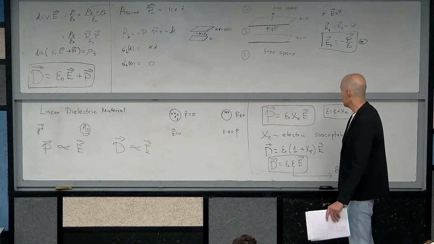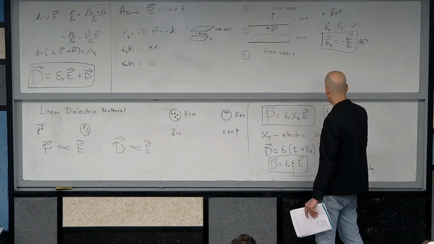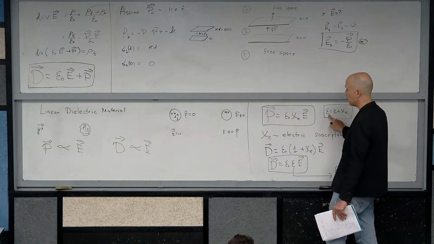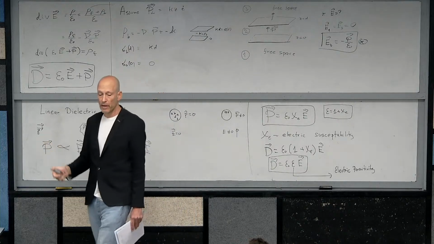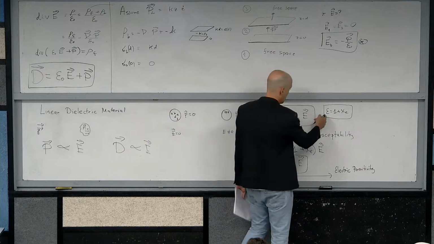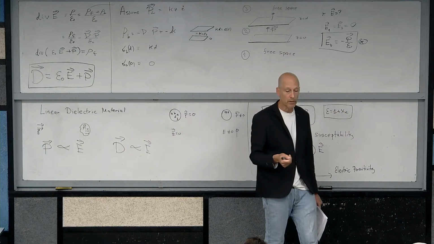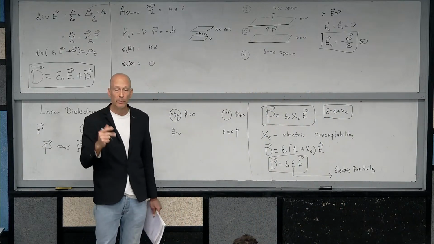Great sentence. So anyway, for vacuum chi e, we expect to be 0. So you see, if chi is 0, this epsilon is like saying, oh, your material is vacuum. So this epsilon is relative to the vacuum. So if it's 1.1, it's more than the vacuum by 10%, right, or something like that.